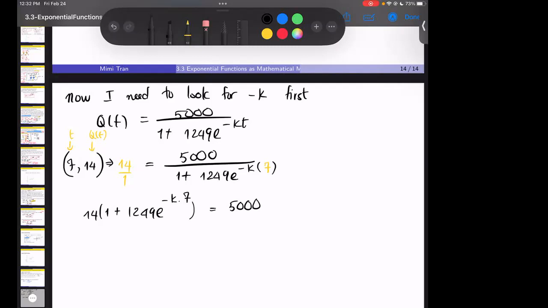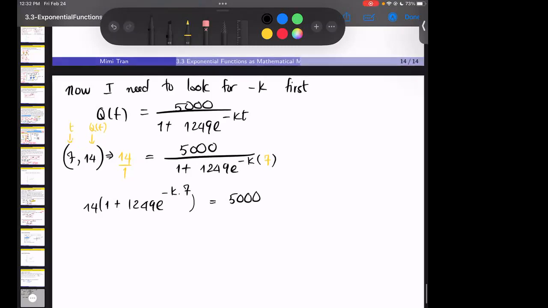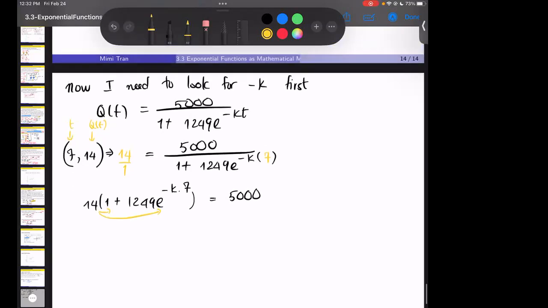Divide both sides by 14, whichever you want to do first. Either distribute and then subtract, or you divide. Let's distribute. Maybe it's easier that way. There's no wrong way. It's just whichever way is easier for your computation.